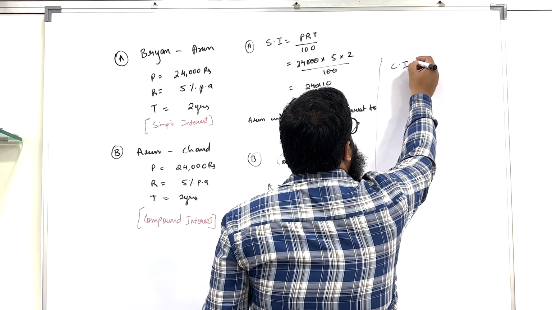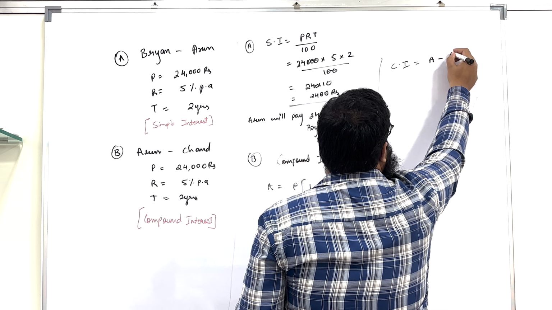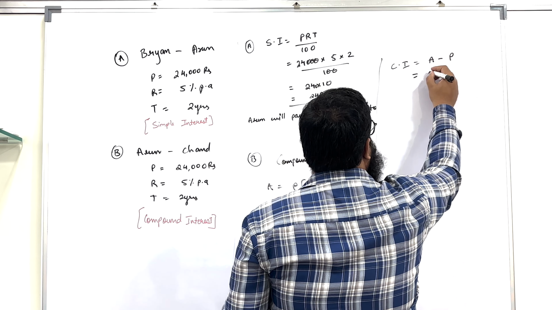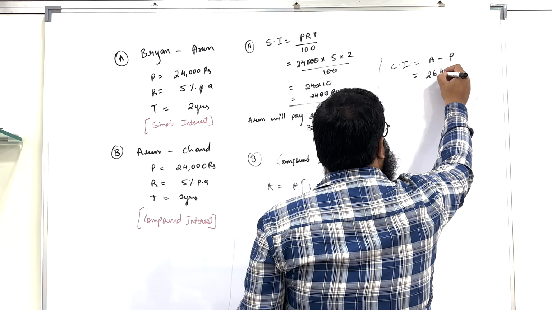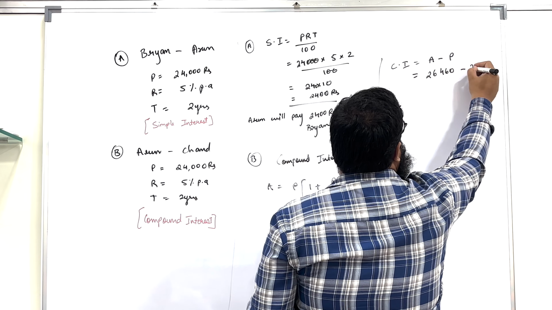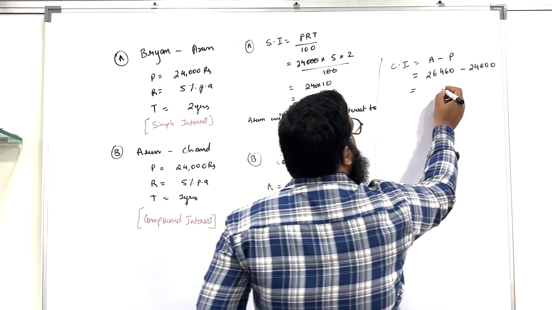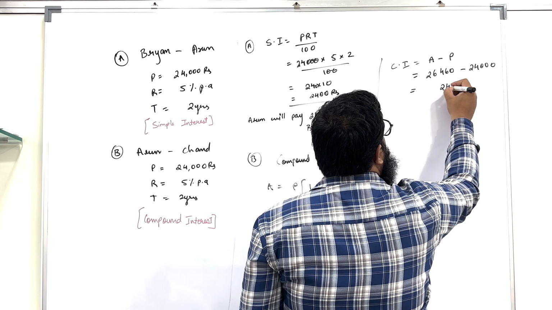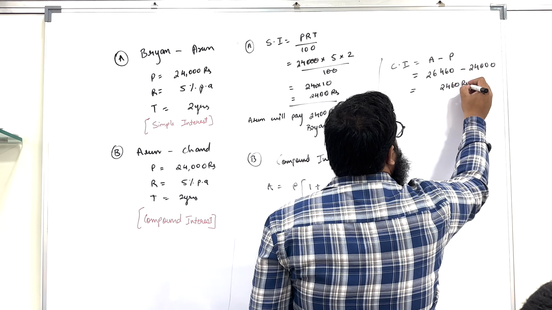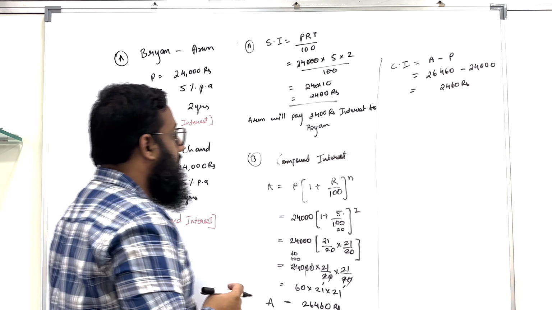So compound interest is equal to amount minus principal. Amount is 26,460 minus 24,000, which comes to 2,460 rupees. This is the compound interest.